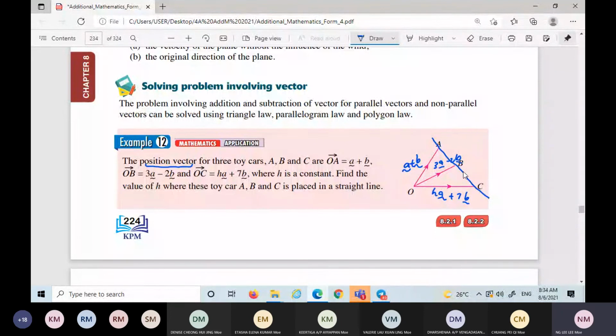Try to delete these 3 points. I will put it this way: AB is equal to lambda BC, since they are in a straight line. Now I need to get AB and I need to get BC.